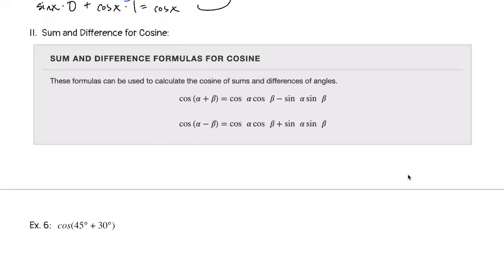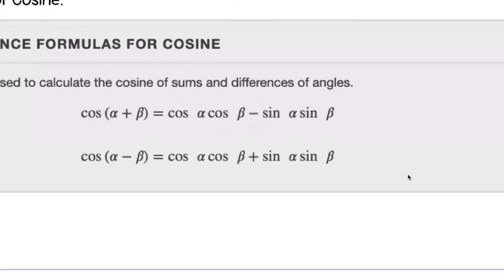The sum and difference formulas that can be used to calculate the cosine of sum and difference angles are as follows. Let's zoom in a little bit so we can see this better. Cosine of alpha plus beta is going to be cosine alpha cosine beta minus sine alpha sine beta. And cosine alpha minus beta is going to be cosine alpha cosine beta plus sine alpha sine beta, okay?